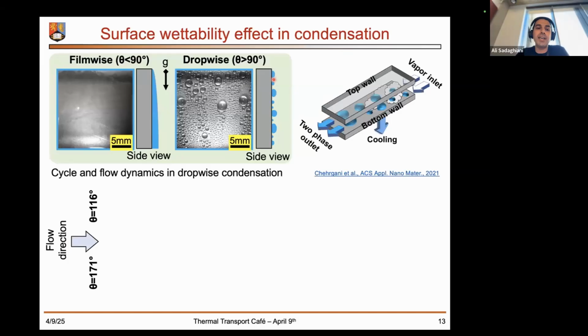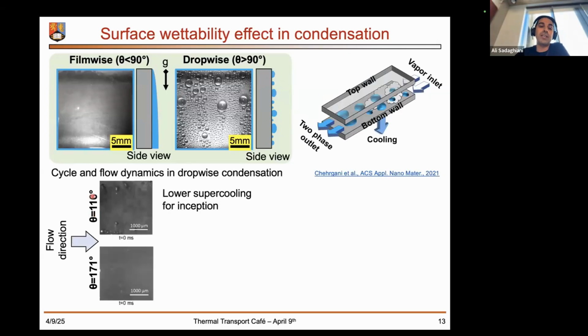So we wanted to investigate what would be the effect of contact angle on condensation cycle and condensation performance. So here I'm presenting the condensation on 2 surfaces with contact angles of 160 and 171. As expected, on the hydrophobic surface, droplet formation takes place at lower supercooling, and on the superhydrophobic surface we don't observe any nucleation.